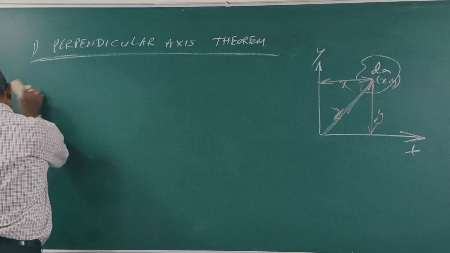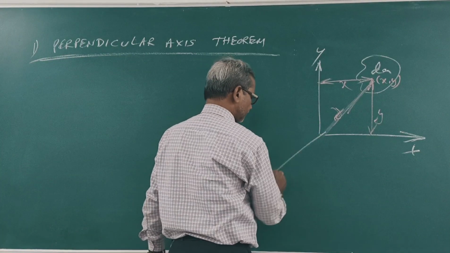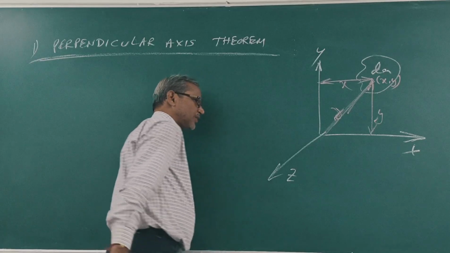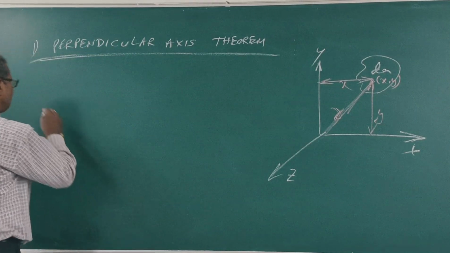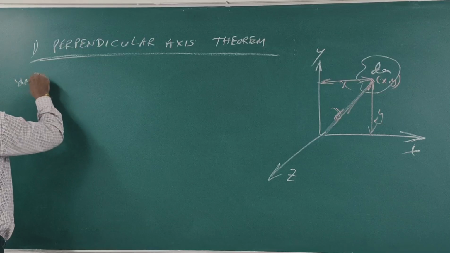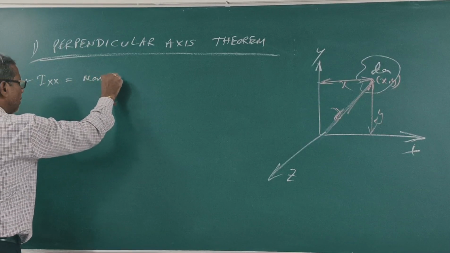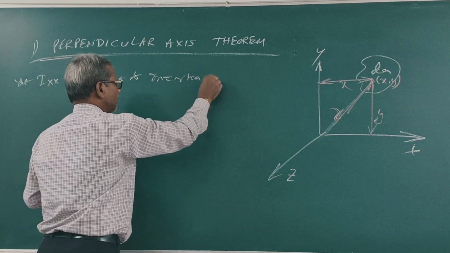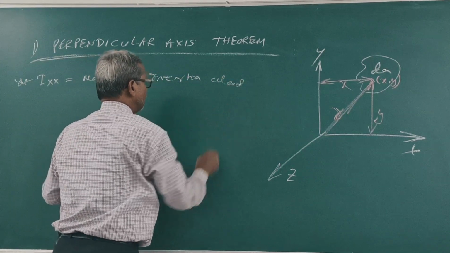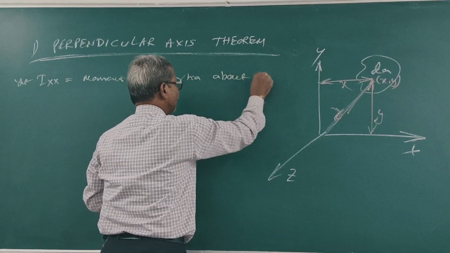Suppose, let Ixx is equal to the moment of inertia about the x-axis. Clear?